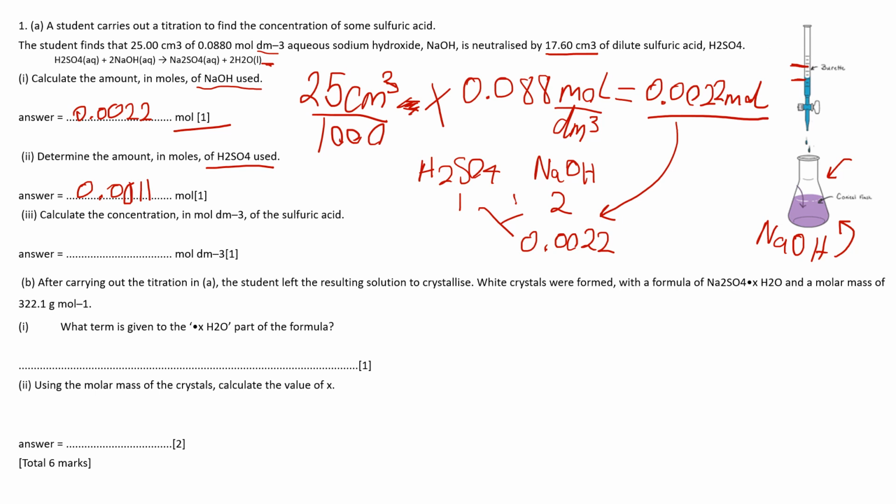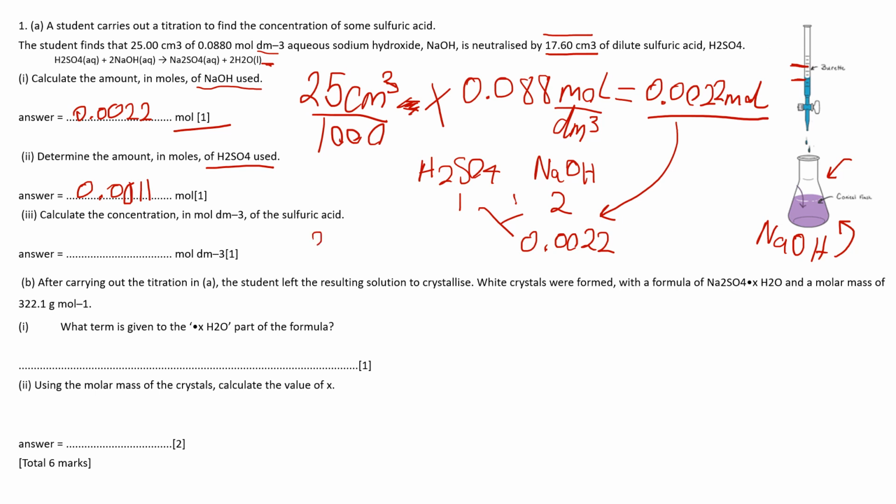Right. Next part, calculate the concentration in mol/dm³ of sulfuric acid. So we have the moles of sulfuric acid now, and all we need to do is divide the moles by the volume that we already know from the question.